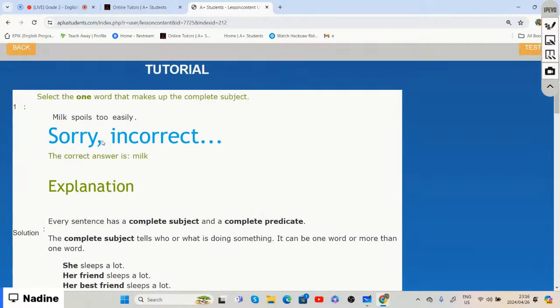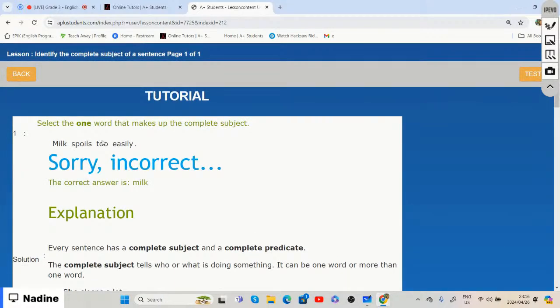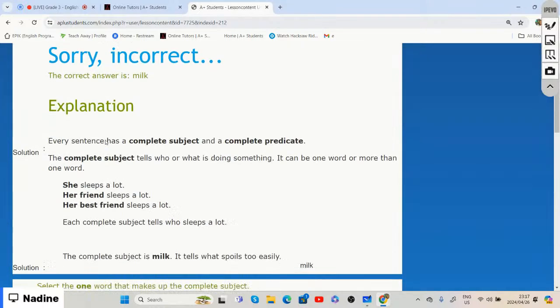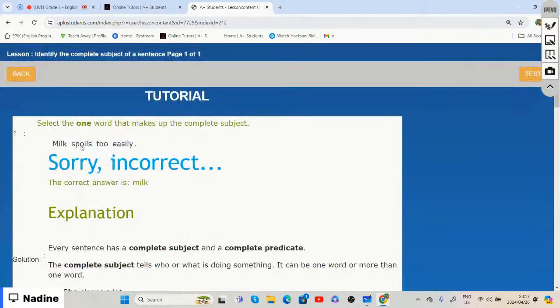All right, so now we're going to look at a few activities, right, before we go on to our test. All right, they say we need to select one word that makes up the complete subject.